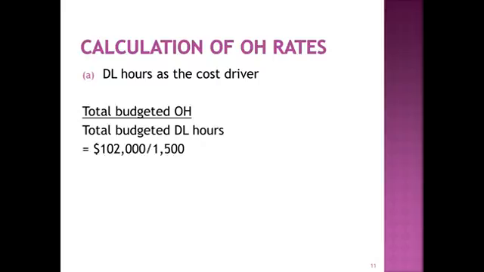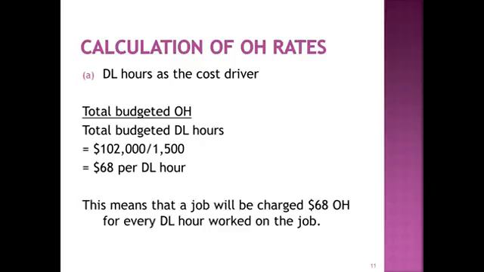So our total budgeted overhead in this example is $102,000 divided by the total budgeted direct labour hours, which is 1,500. So our overhead allocation rate using direct labour hours as the cost driver will be $68 per direct labour hour. This means that any job will be charged $68 overhead for every 1 hour of direct labour hour worked on the job.